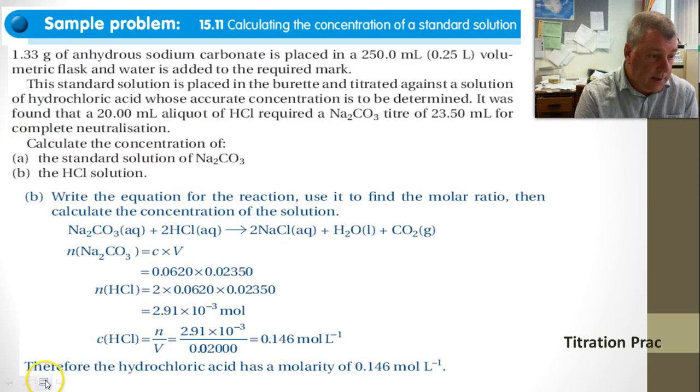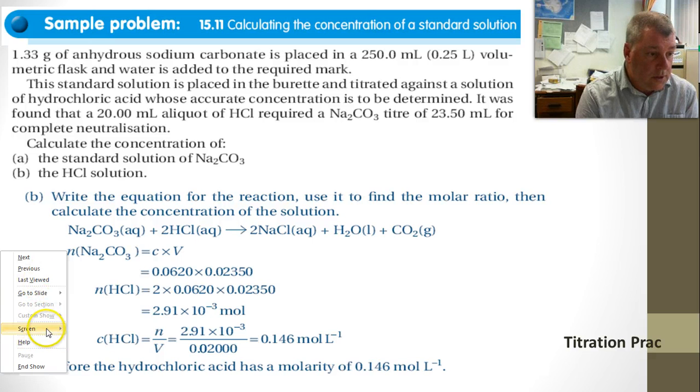Alright, so let's pull up a screen. Let's make it a black screen so I can write on it, and let's write on it in yellow. So let's do it in the stoichiometric way.